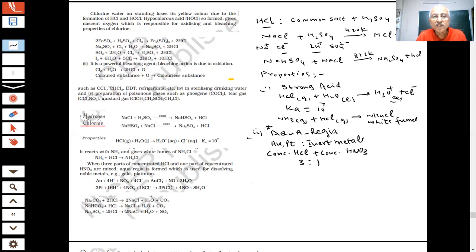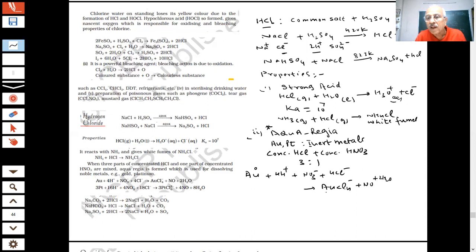So what you find is the gold, which is in zero oxidation state, students. If you have H+, NO3-, and Cl-, what you're forming is AuCl4- and NO plus 2H2O.